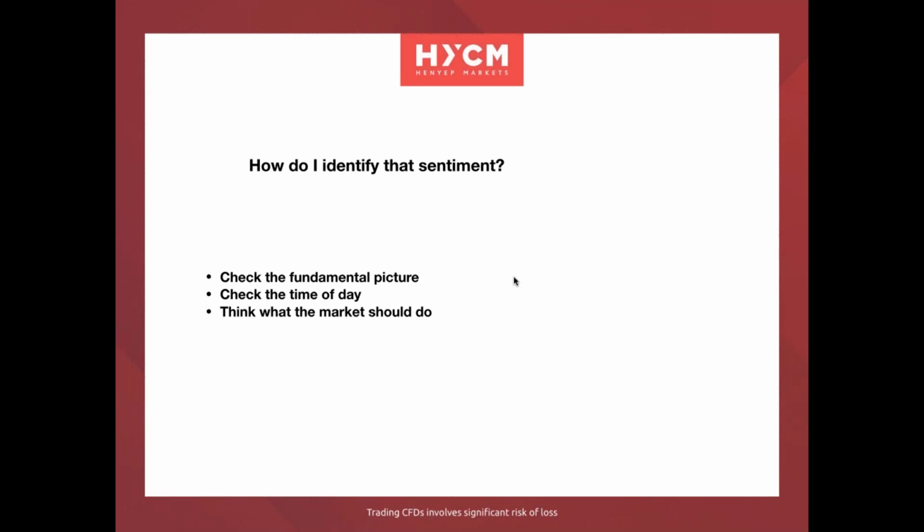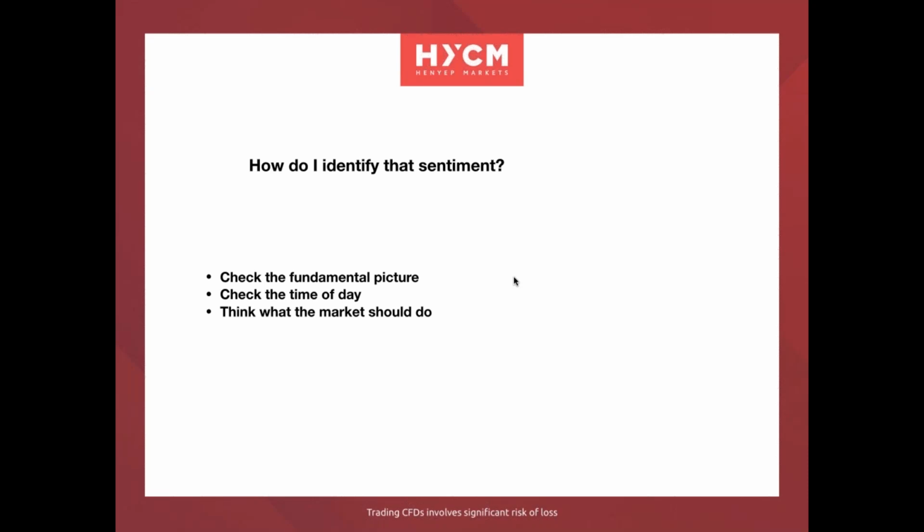So we looked at that and thought, this means that for the next session, we can expect the pound to be bought. That's the first part of the puzzle. The second part of the puzzle is, what pair do I trade the pound with?